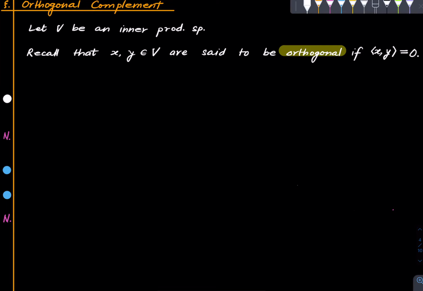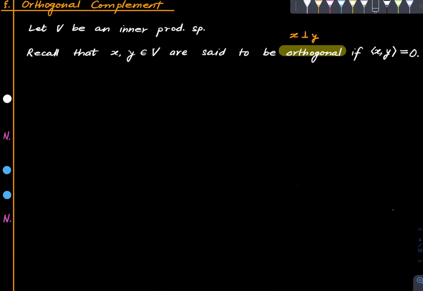Right? And the notation for orthogonality is this. So when we write this, we just mean x and y are orthogonal. And note that if x and y are orthogonal, then y and x are also orthogonal. That's that.